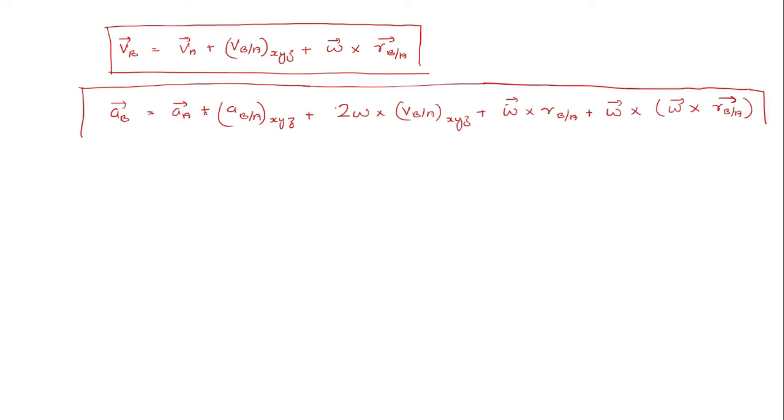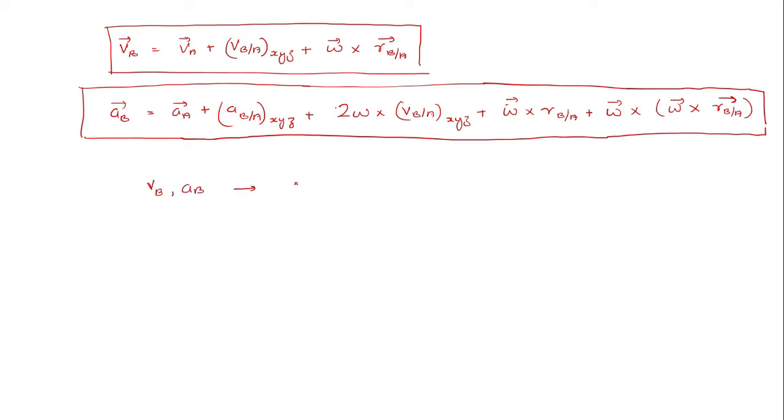So I'll just write the terms once again. VB or AB is actually V capital XYZ and A capital XYZ. VA vector, comma, A vector is actually R dot vector and R double dot vector.